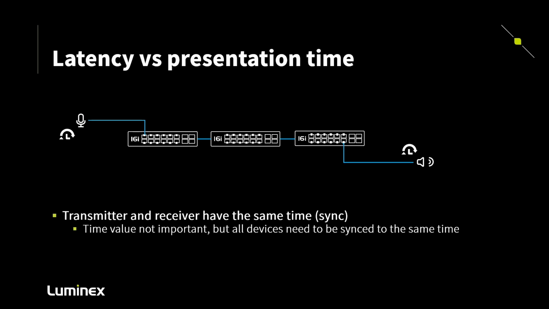They can both think that they are in 1995, but they need to have the same time source, the same time value. If you would be syncing multiple networks across the globe, for example, together, then it can be interesting to use a GPS time clock, such as a device from Meinberg or Brainstorm, such that these different venues all have the same time value.